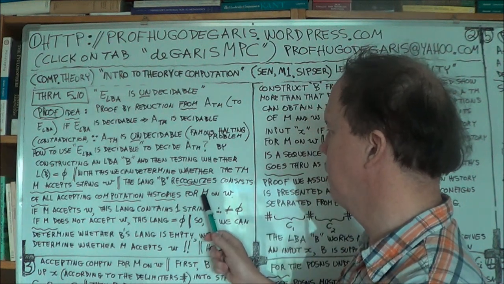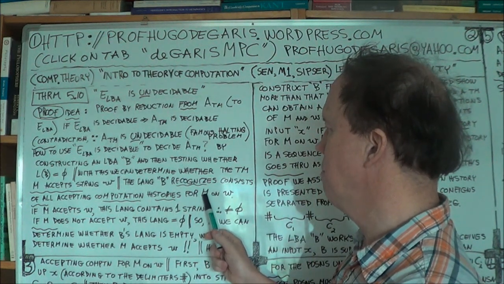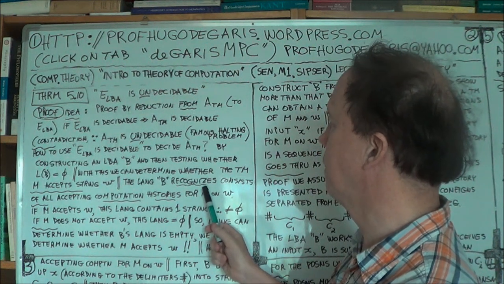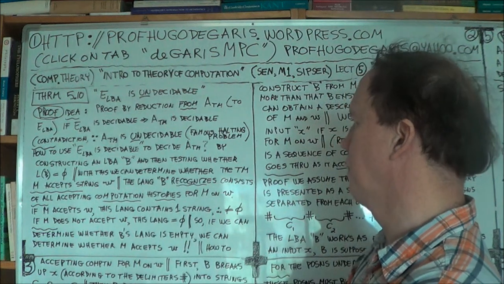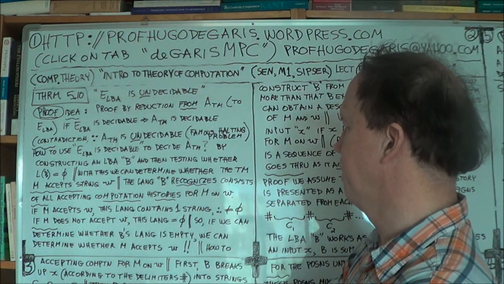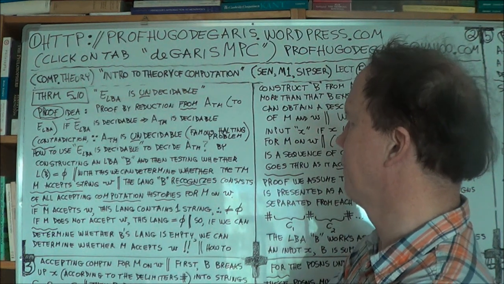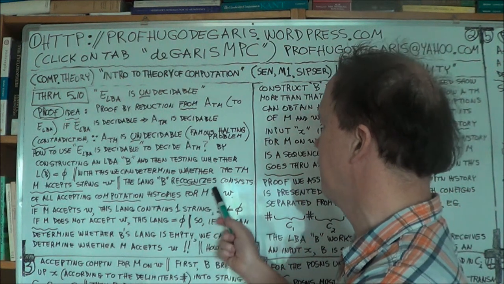For when this machine M, is it an LBA? Yes, I assume this M is an LBA.